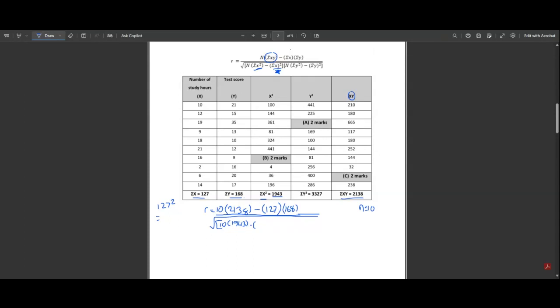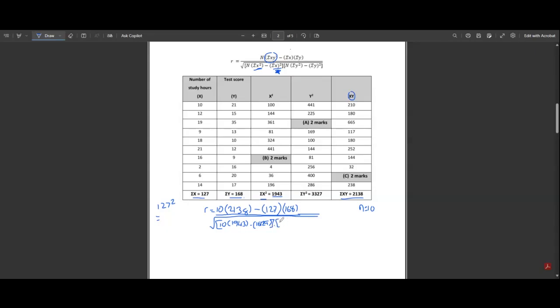Interesting. Okay, 16,129. Again, that's a number that does ring true in my brain from marking this. There we go. I'm so sorry that is so skewed. There we go. Hopefully you're following along.